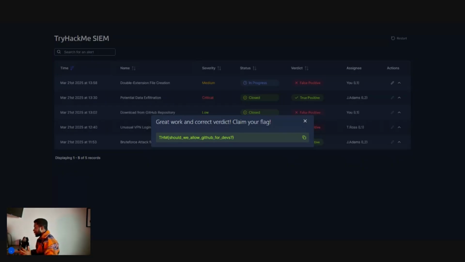And this makes the job of the SOC Level 2 analyst easier because the SOC Level 2 analyst will focus on the very critical problems and pay less attention to those alerts that are not very serious.